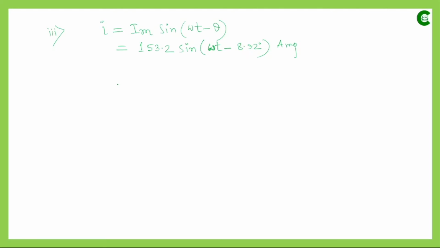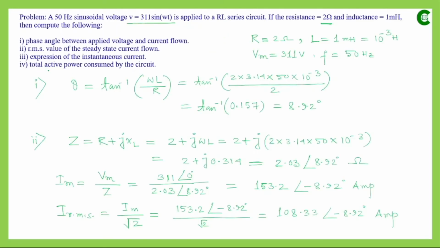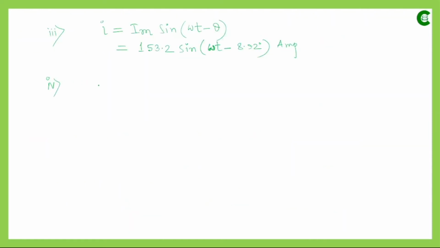Now the fourth requirement for this problem was the total active power consumed by the circuit. Circuit means the R part plus the L part, the total active power consumed by the whole RL branch. We know the active power consumed by any circuit is equal to V, the voltage drop across it, multiplied by the current value, and then cos phi or cos theta.